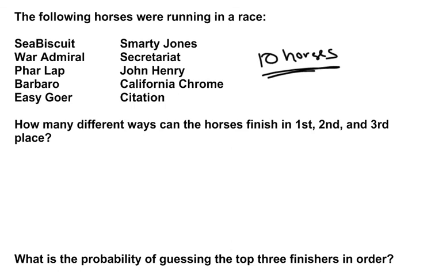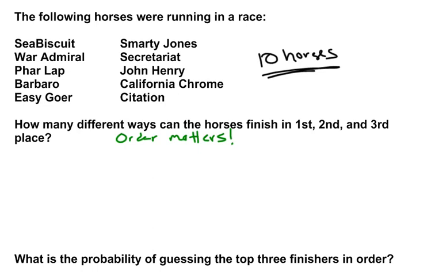Well, of course, in a race, the order in which you finish does matter. So we know that order matters. Okay, so that means that we're going to be using the permutation rule.